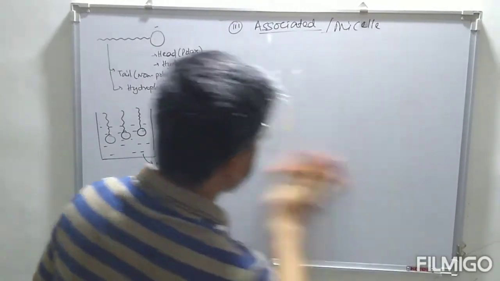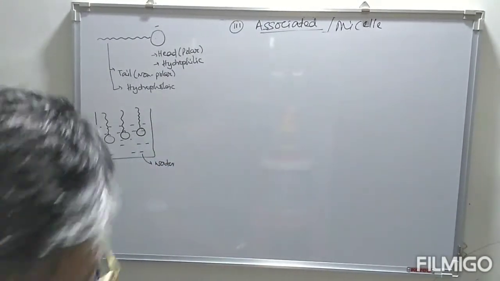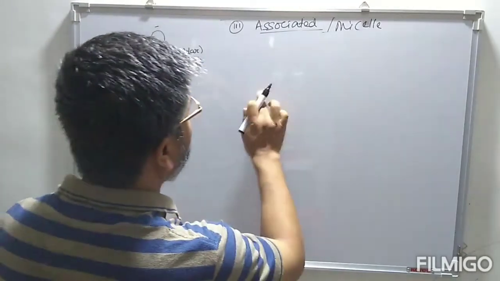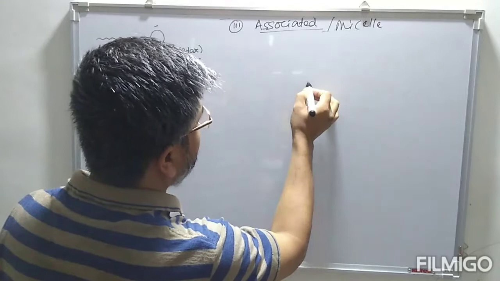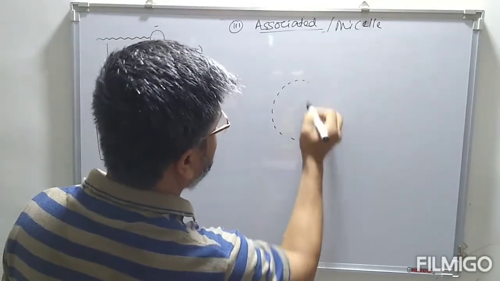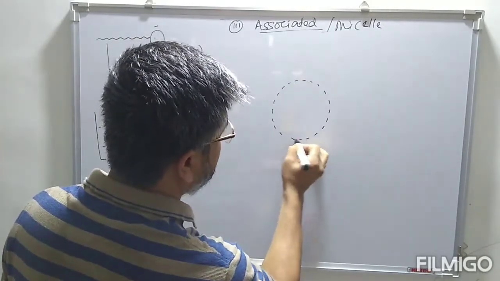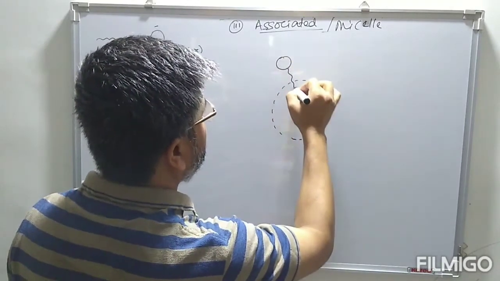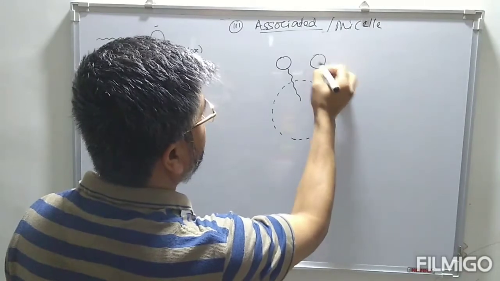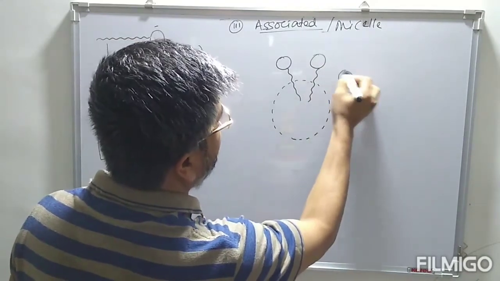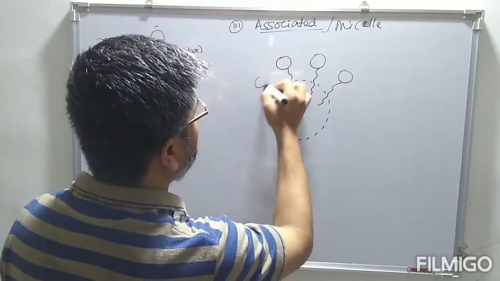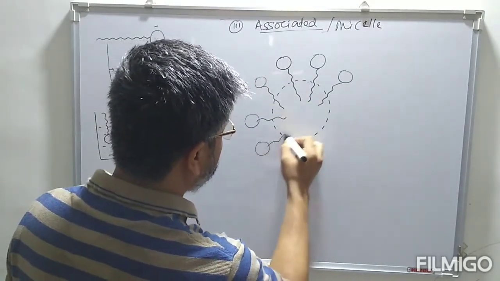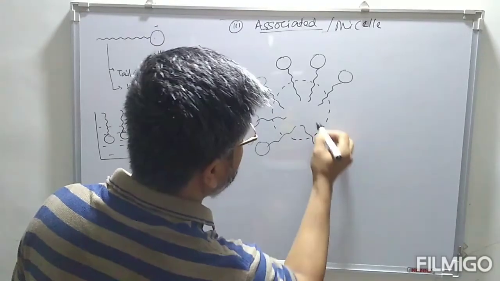So when these are dissolved in large quantity above a certain concentration known as CMC, the hydrophilic part remains in the bulk, and the hydrophobic part points away from the bulk.